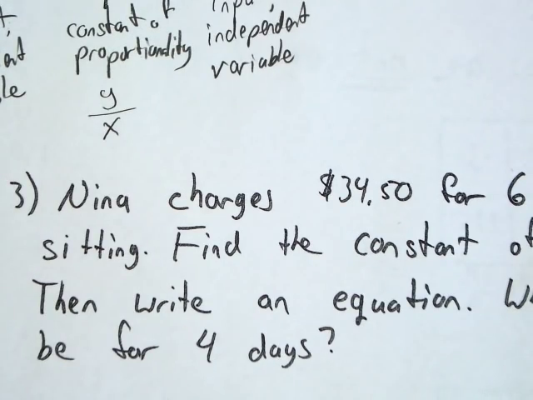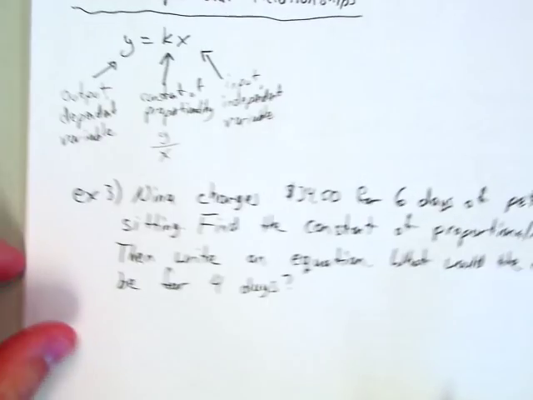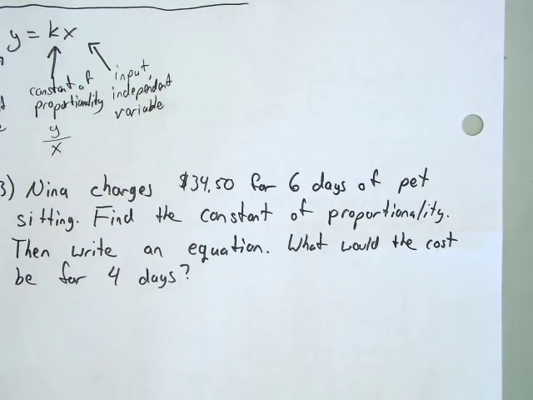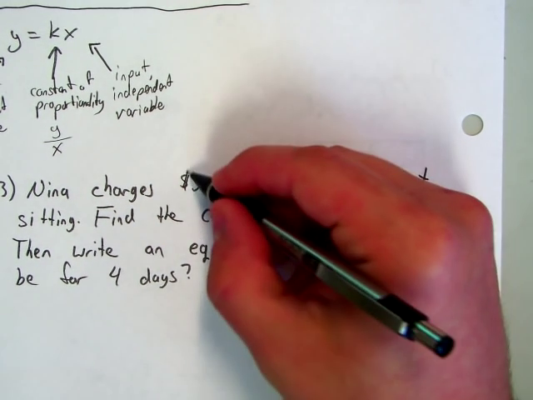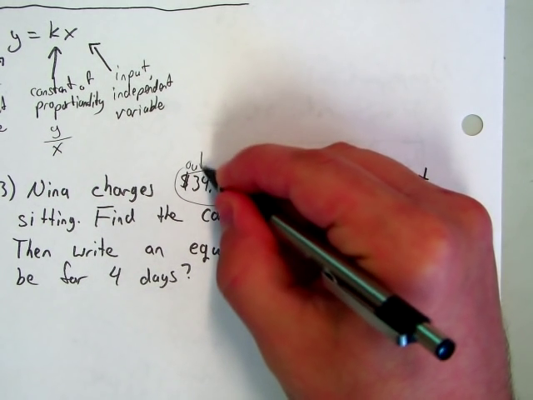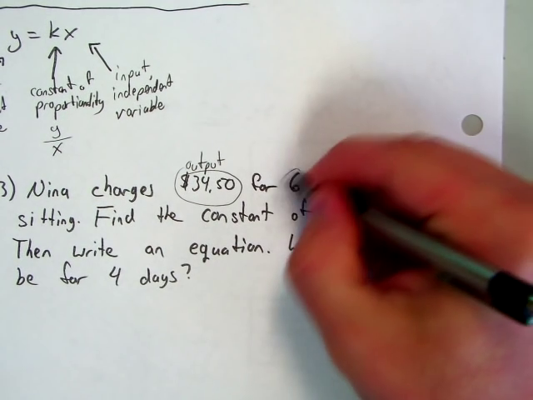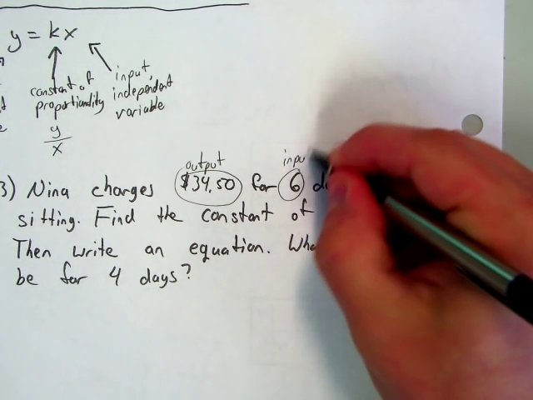So example 3, it says Nina charges $34.50 for 6 days of pet sitting. Find the constant of proportionality and then write an equation. What would the cost be for 4 days? $34.50 is my output. It depends on how many days I worked, and that's my input.